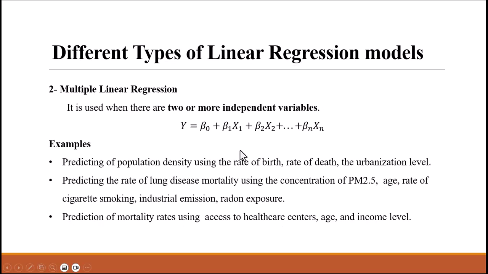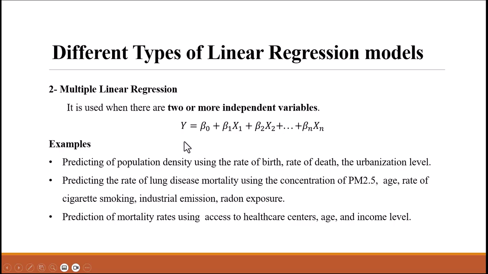The second one is multiple linear regression. It is used when there are two or more independent variables, but we have, again, one dependent variable. So we have multiple independent variables and just one dependent variable. For example, we want to predict the population density using rate of births, rate of deaths, and urbanization level.